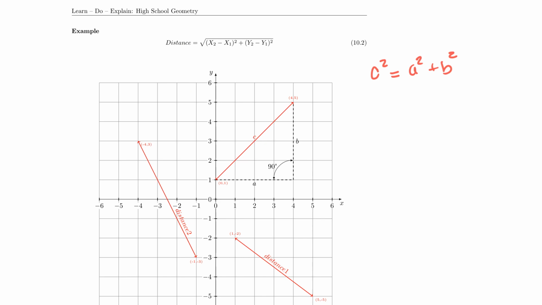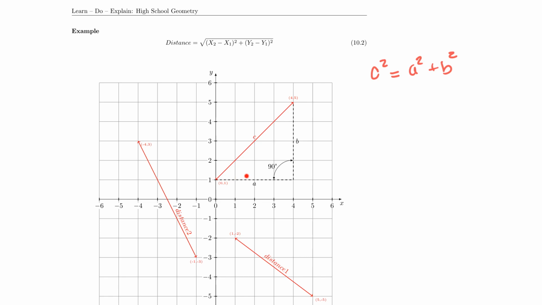To calculate a, we need the distance along the x-axis between point (4,5) and (0,1). Remember that the x-coordinate is 4 here and 0 there. To know this distance, we count how many steps in the x direction it takes to go from this point to this point.